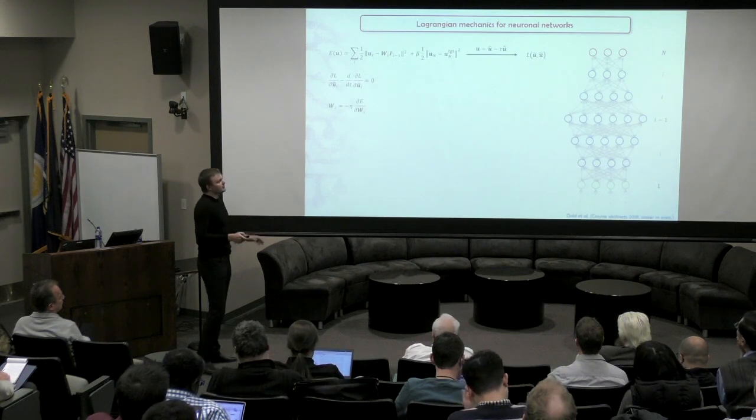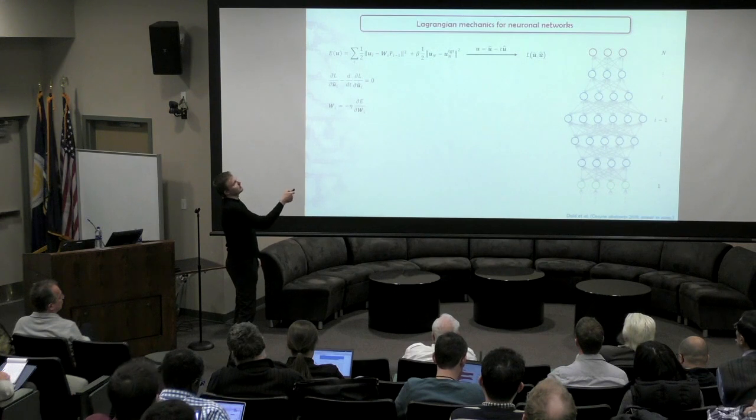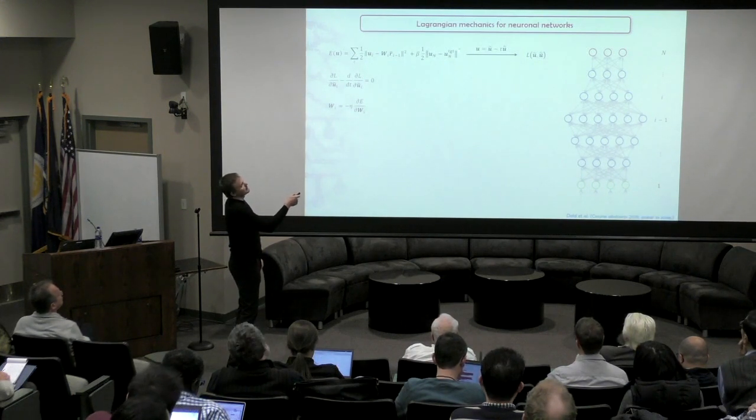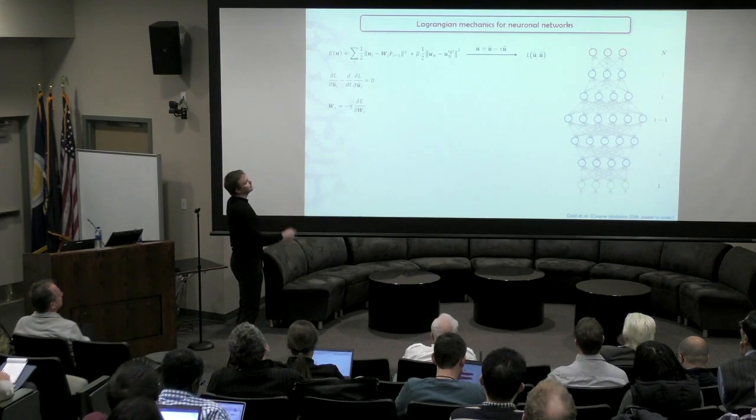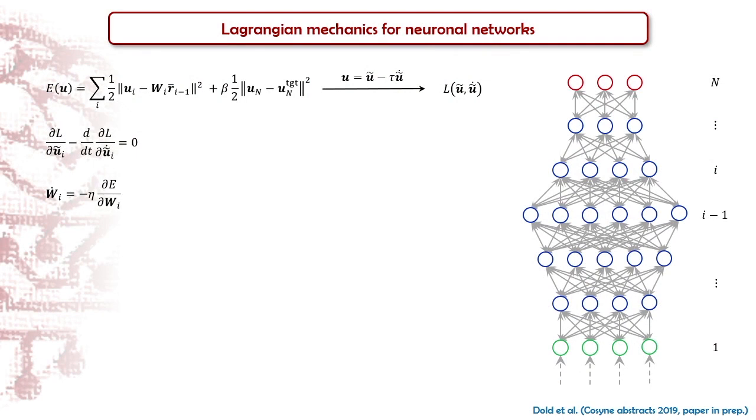You take a square over this because it's supposed to be positive, and then plus the activity in the label layer, where you have, again, the membrane potential of the neurons minus what the teacher tells them that their membrane potential should be. So this is a very, very natural and intuitive way to encode error as an energy function.